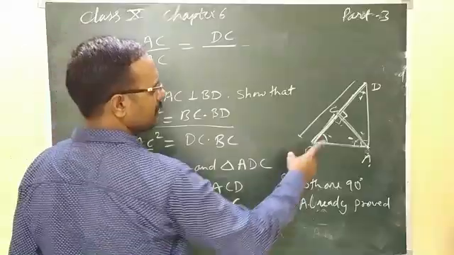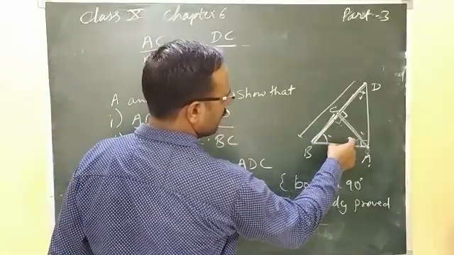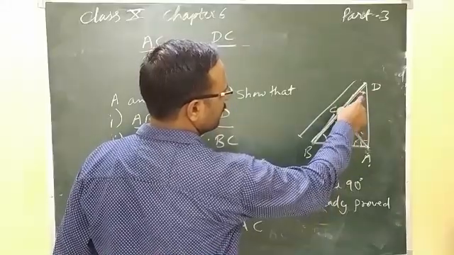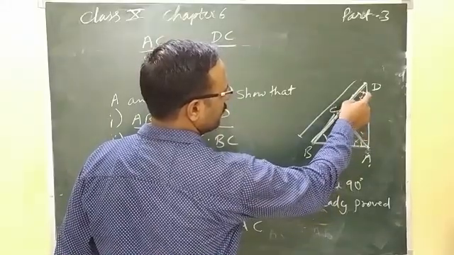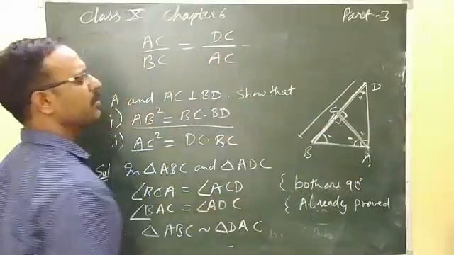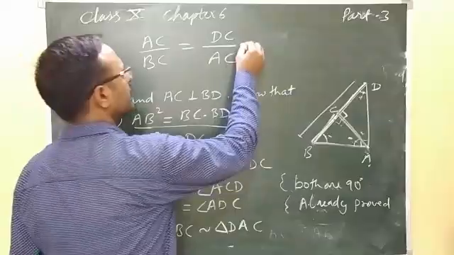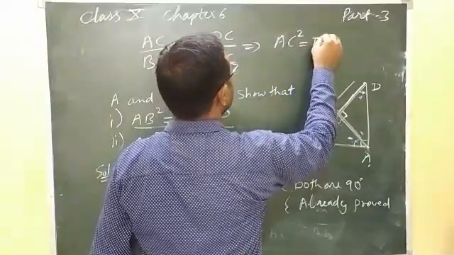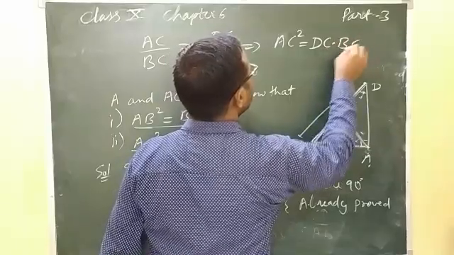Now BC was opposite to angle A, and the angle was equal to angle D. The side opposite to this angle is AC. So this side will come at the bottom, and if you do the cross multiplication, you will get AC square equal to DC dot BC.